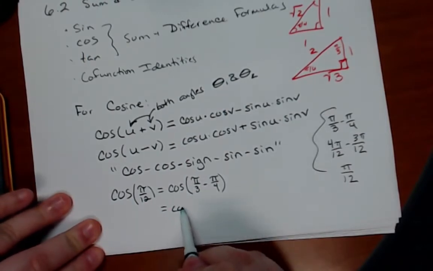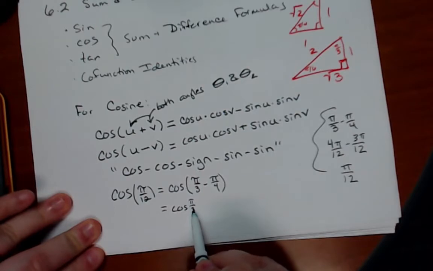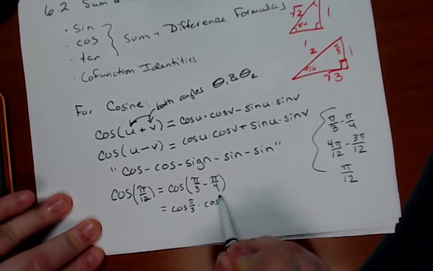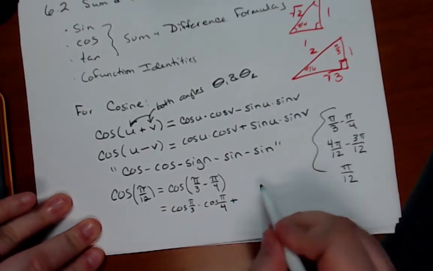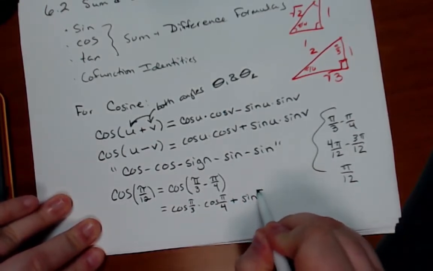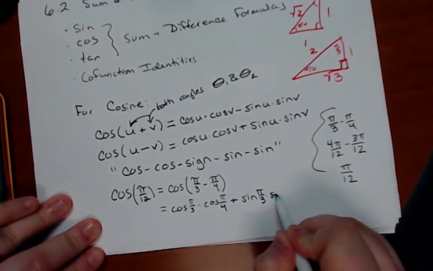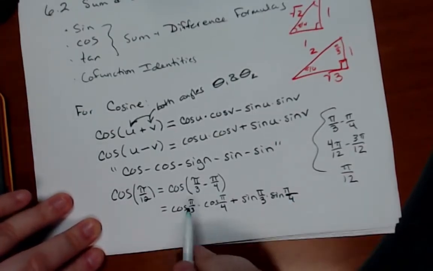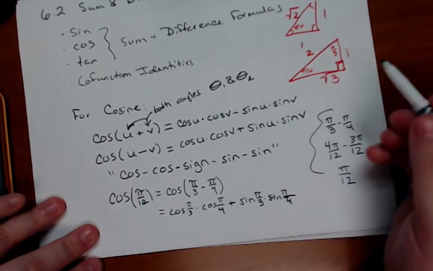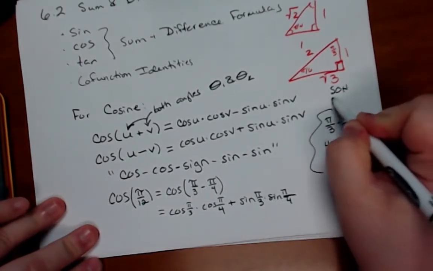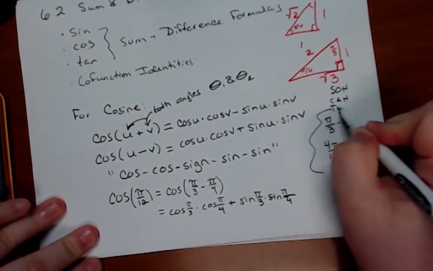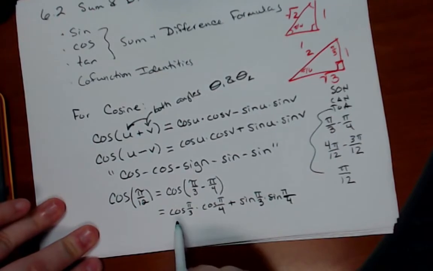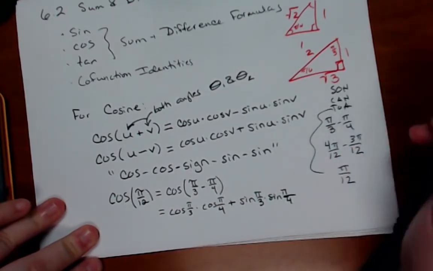which means then the cosine of pi over 3 minus pi over 4 is cosine of the first times cosine of the second. You switch the sign in the middle, it becomes a plus, sine pi over 3 times sine pi over 4. And now we know, SOHCAHTOA, cosine of pi over 3 is adjacent over hypotenuse.